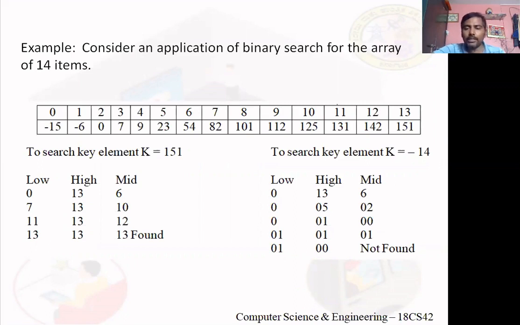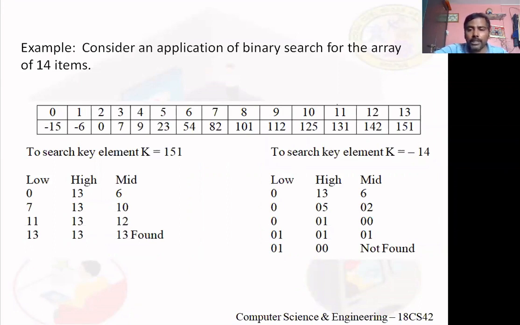So what is mid? 6. The element at 6 is 54. The key is minus 14, a mismatch. Minus 14 is less than mid, so look in the left subarray, that is indices 0 through 5. So low is 0, high is 5.